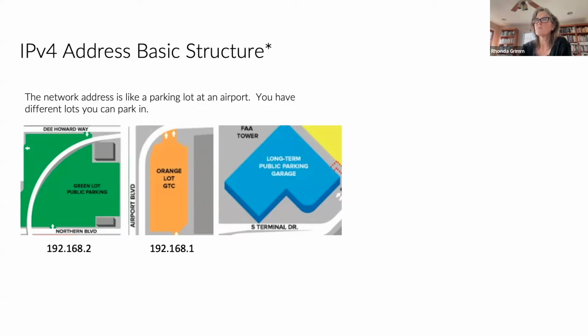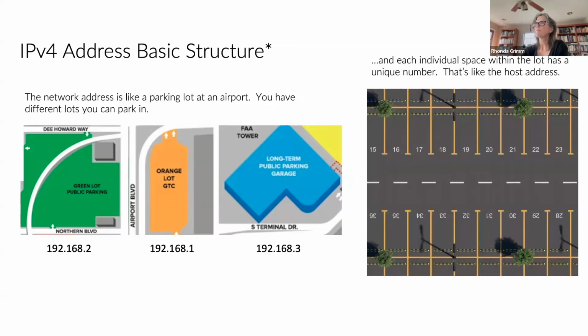The orange lot is 192.168.1, and long-term parking is 192.168.3. But each individual space within the lot has a unique number, and that's like the host address. So if you say, I'm going to park in the orange lot in space 31, it's like saying you're at 192.168.1.31.